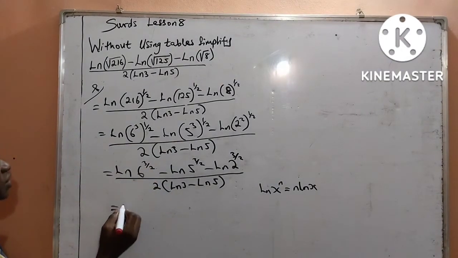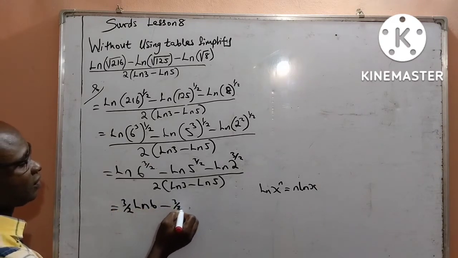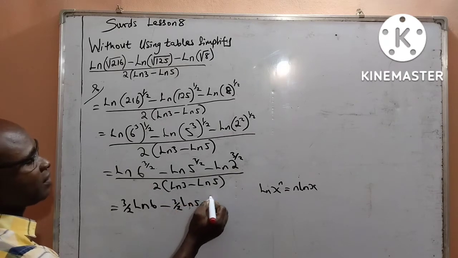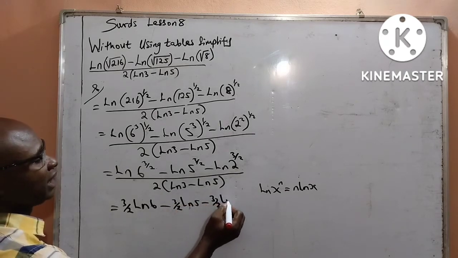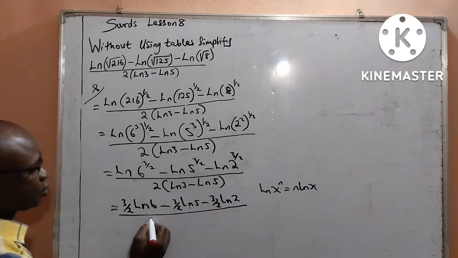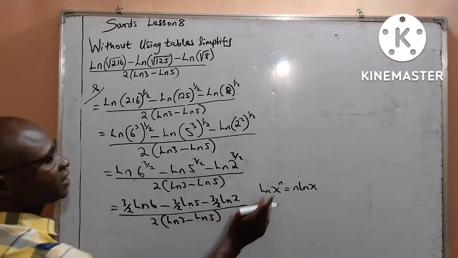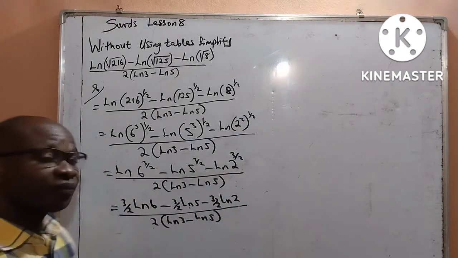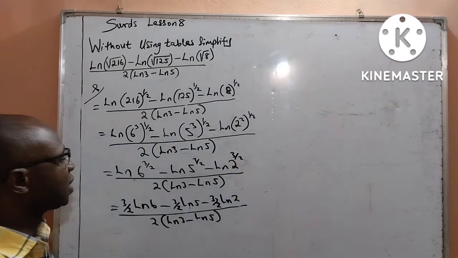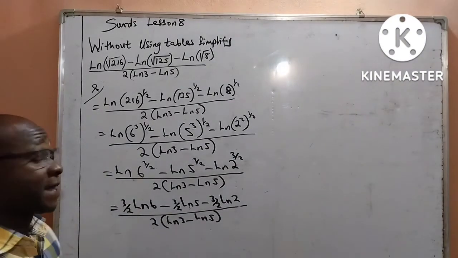Watch out and see how it will now be. 3 over 2 ln 6 minus 3 over 2 ln 5 minus 3 over 2 ln 2, everything divided by 2 into ln3 minus ln5. That is what I have. So I have applied the power function law in logarithms here.